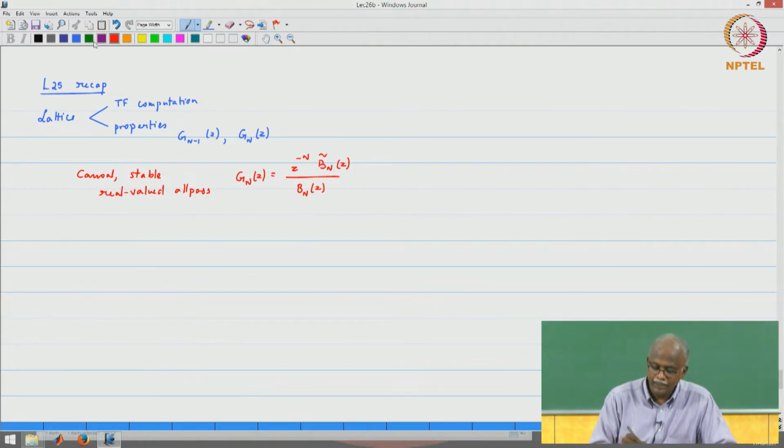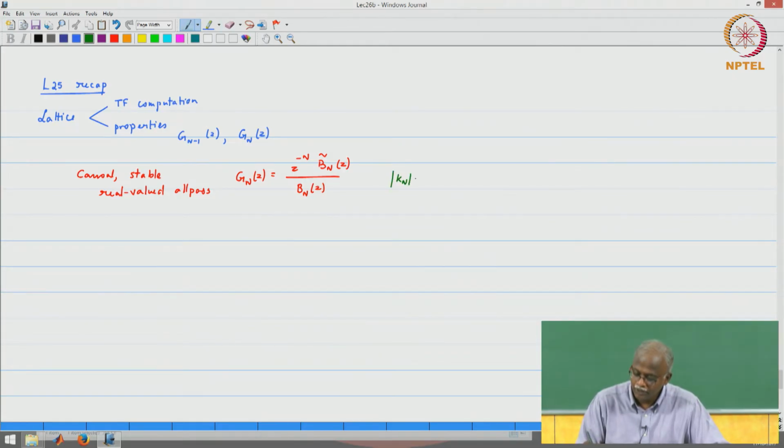And in the lattice we enforce the condition, with reference to the lattice, that mod K_n is less than 1. That is to ensure stability. And of course we also said that K_n will be real valued.